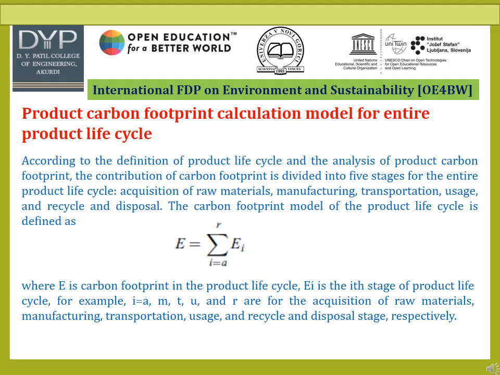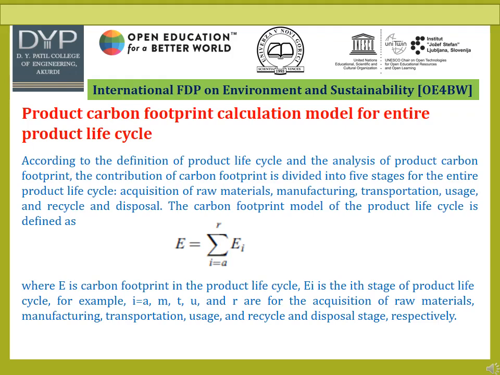According to the definition of product life cycle and the analysis of product carbon footprint, the contribution to carbon footprint is divided into 5 stages for the entire product life cycle: acquisition of raw materials, manufacturing, transportation, usage, and recycle and disposal.